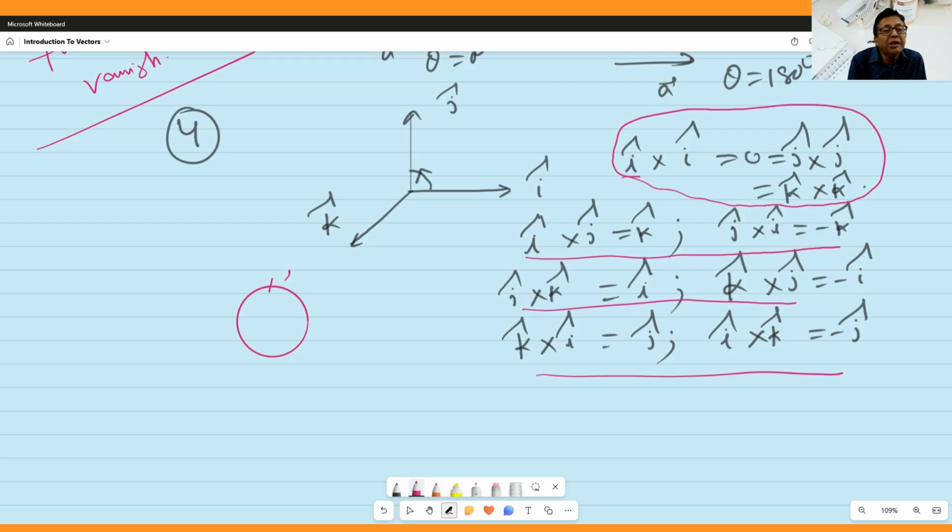So if this is our I, this is J, and this is K, then use this arrow diagram.